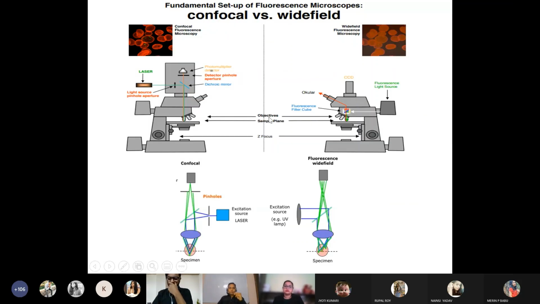Let's talk about this comparison of fluorescence microscopy and this confocal microscopy. Obviously you can see the difference in the image quality. In confocal microscope, you can see each and every point of the cell is distinct, whereas you have to put very much effort in order to find out the exact points where these green dots are.